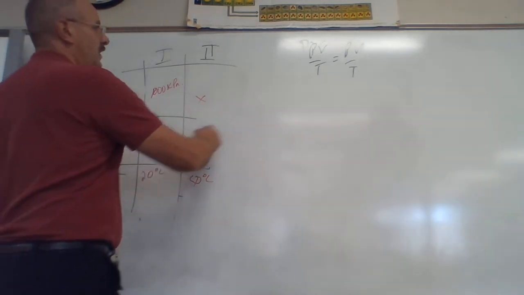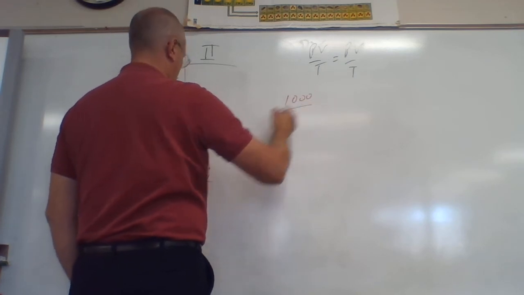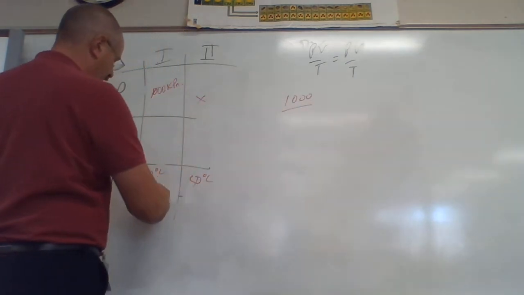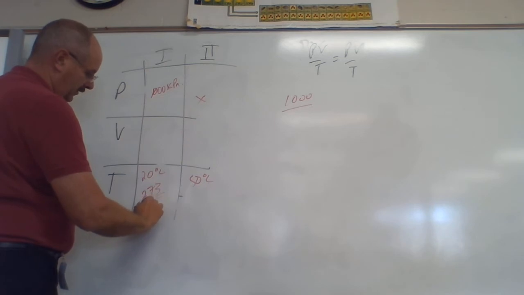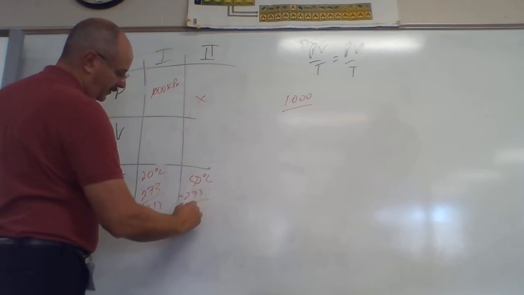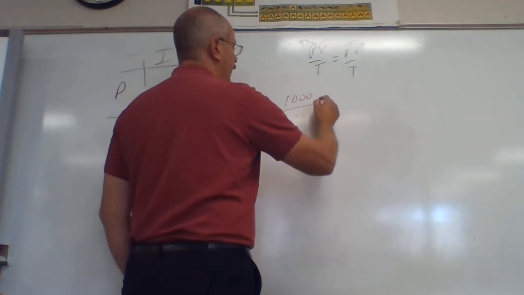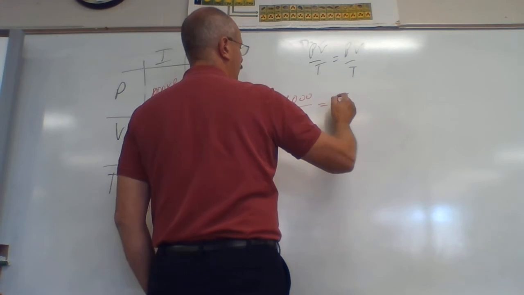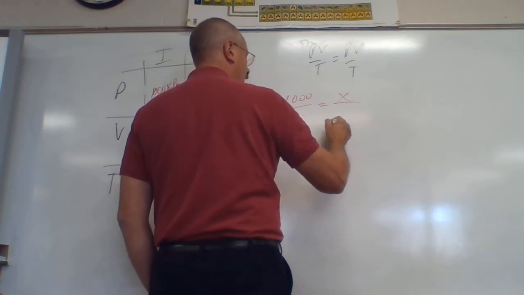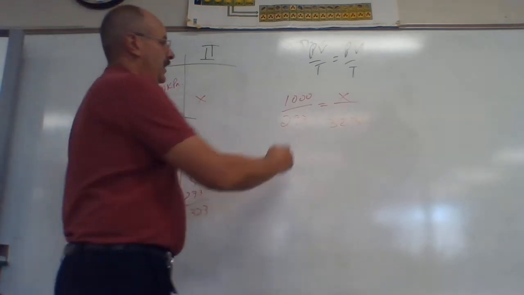So volume staying the same, we're getting rid of V, so we're going P over T. So we've got 1,000 divided by, oops, got to add 273 to this. So that's 293. And 273 to this is 323. So this is going to be over 293 Kelvin. Now we're finding X for the pressure over 323. All right, cross multiply.